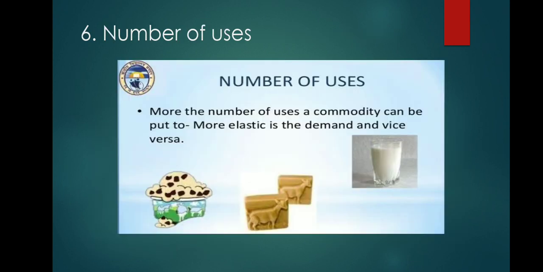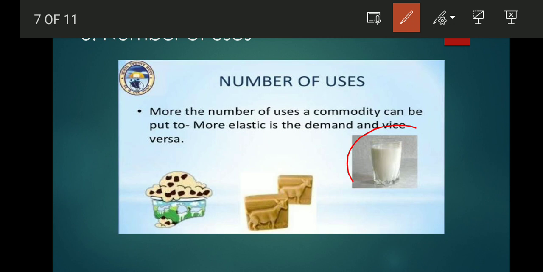Okay, so the sixth one is the number of uses. I have taken the example of milk. With the help of milk we can prepare butter, ghee, and many other things.